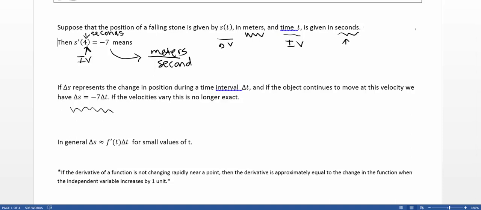So that means we can predict what the change in position is going to be by multiplying the change in time times -7, since that's the rate at which the object is falling.